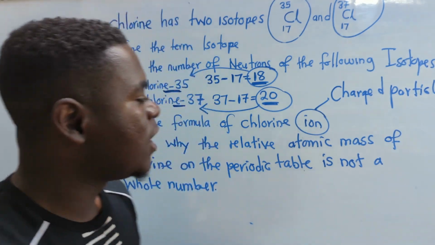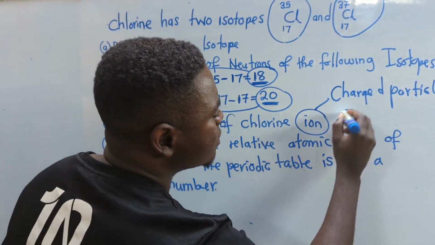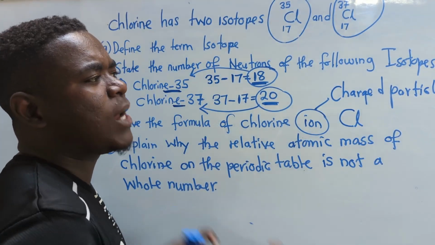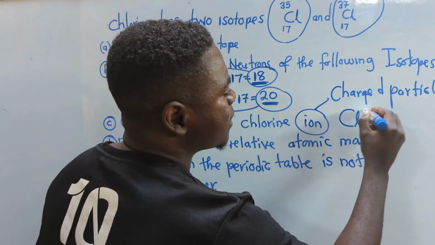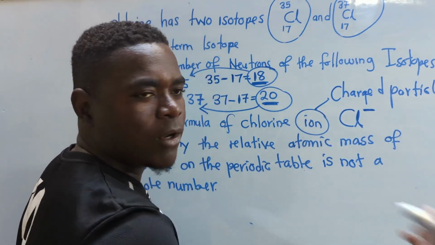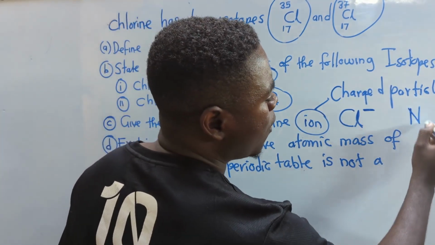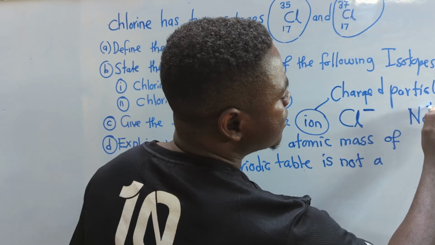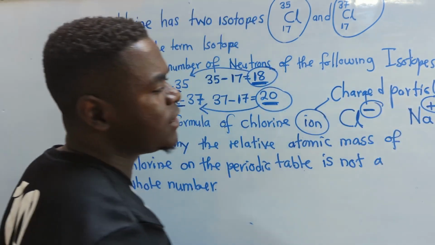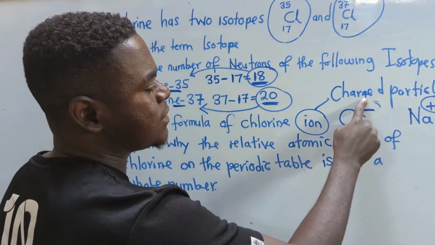So for chlorine, which is in group 7, it gains 1 electron. Gaining attracts a negative charge. But when we go to sodium, sodium is in group 1, so it has a plus there. This one is losing 1, this one is gaining 1. So this is the answer.